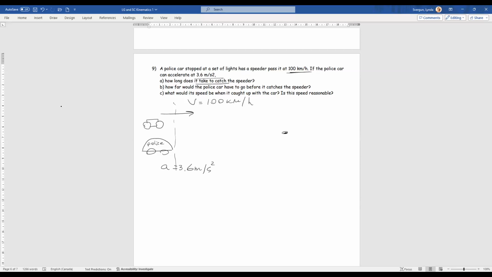If you have a distance-time graph, the speeder moves with constant speed. Police moves with acceleration. Remember yesterday we were checking graphs. When it's accelerated motion, the graph will be a curve, and with positive acceleration, the curve will go like that. At this point, after some period of time, they will meet.